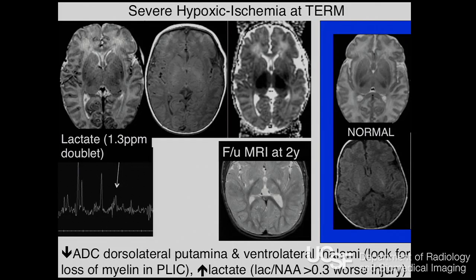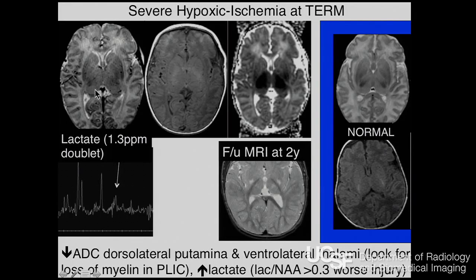Here's an injury for term infants from severe hypoxic ischemic injury, and we can see here a T2 and a T1 weighted image compared to a normal term infant. We have absence of the normal bright and dark T2 signal within the posterior limb of the internal capsule. Indeed, the thalamus even looks slightly bright.